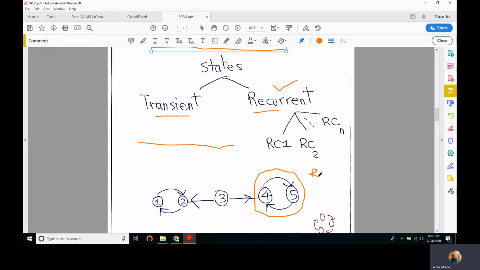And given this recurrent class, once the process enters into this class, it remains there forever. In this chain, there is another recurrent class that we have here, RC2. And if the process enters into this recurrent class, it remains there forever. So either we have recurrent classes or transient states in a Markov chain.